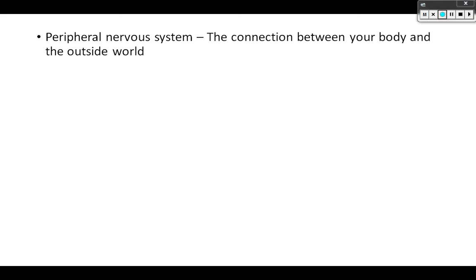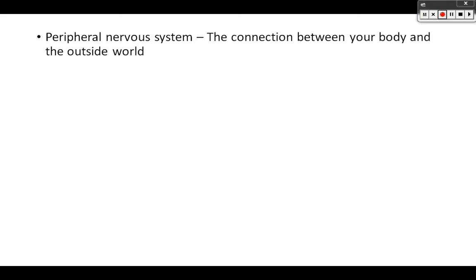This word peripheral, which is probably new to a lot of you, is actually a word that people use in educated vocabulary. It's not just a science word. Peripheral means on the edges. You'll also hear the periphery is the edges. So you might hear in language arts a peripheral character. That means not one of the central characters, one of the ones on the edges.